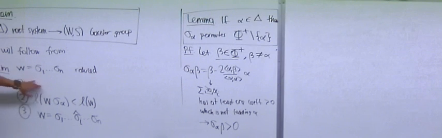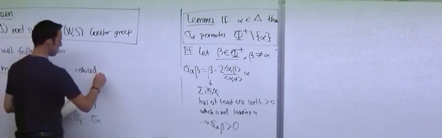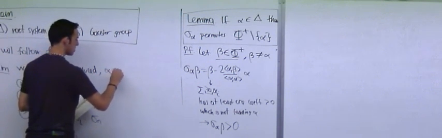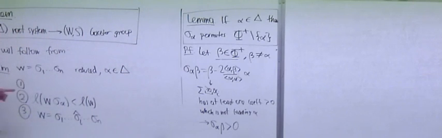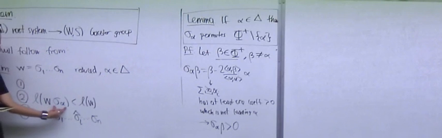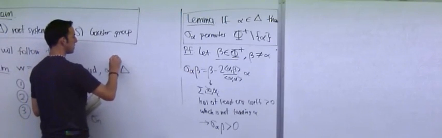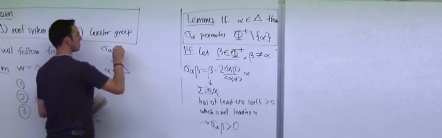But I'm gonna say something else here. So I'm starting with W reduced. I'm starting with a simple root, which, of course, simple roots correspond to generators. Okay? So this is equivalent to saying that you're taking sigma alpha in S.